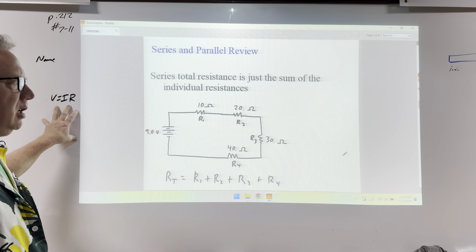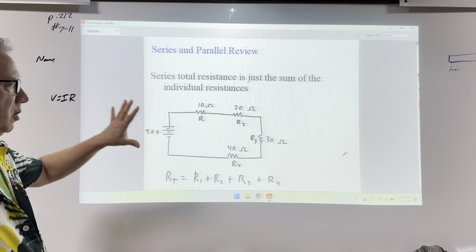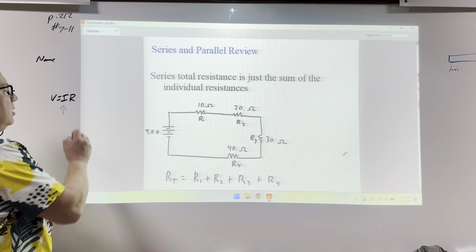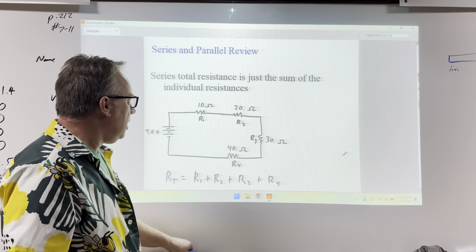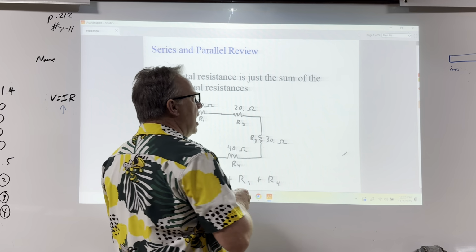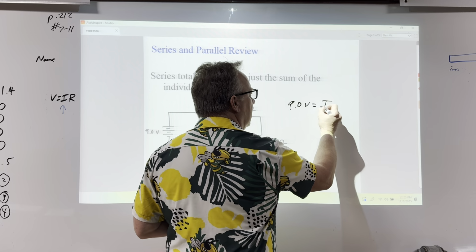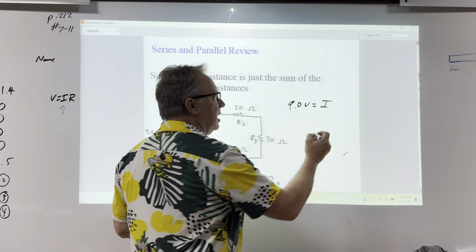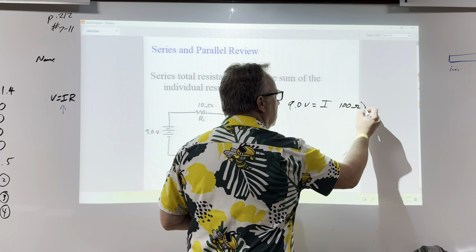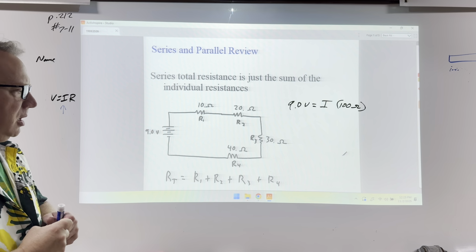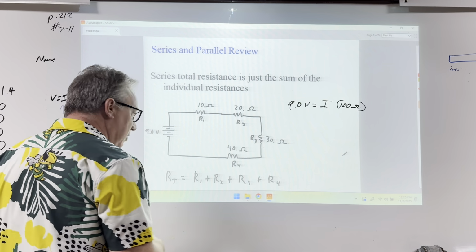So let's do V equals IR for this one and figure out what the current I is, because we have to figure out the current on all of these. And so V is 9 volts. We're looking for I, and resistance I already said was 100, because you're adding 10 and 20 and 30 and 40 to get 100. How do you solve this? Well, we've done several of these.